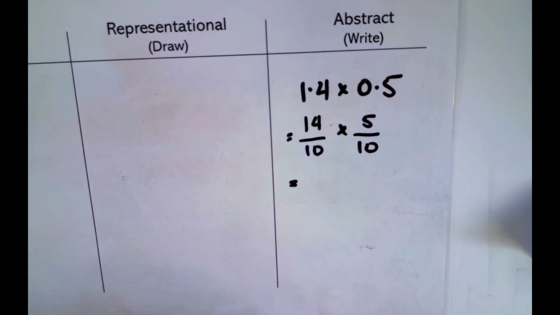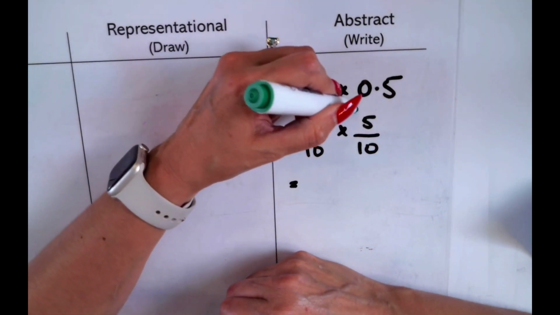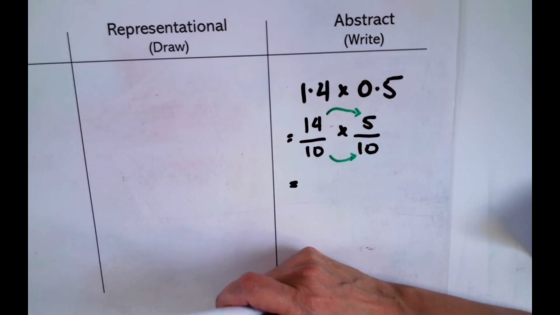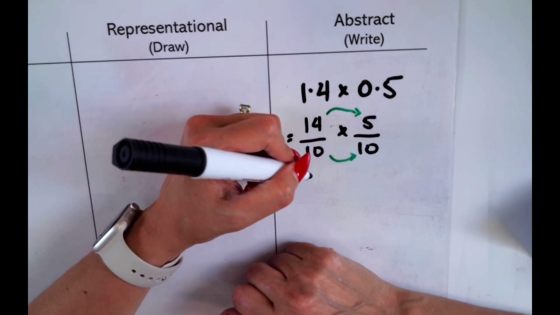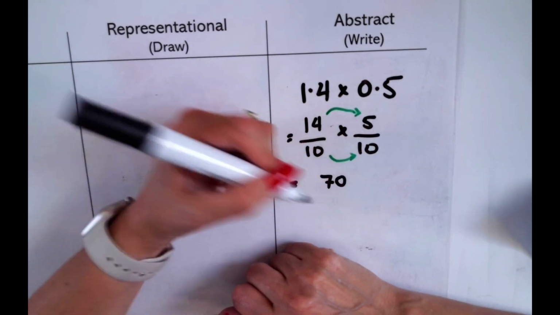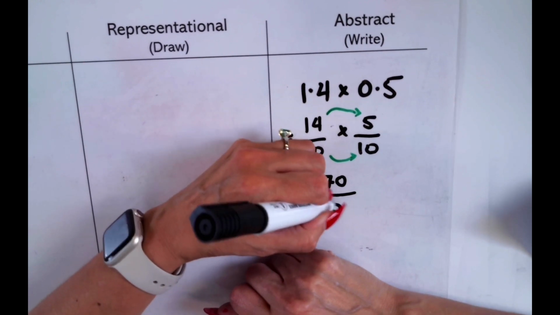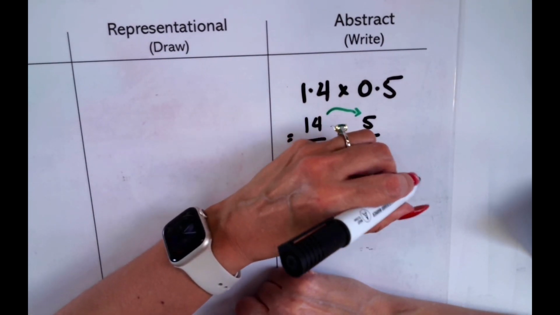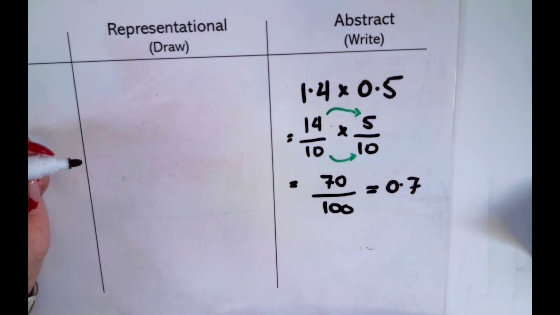So what this would be is 14 times 5 and then 10 times 10. 14 times 5 is 70 and 10 times 10 is 100. So 70 hundredths is 0.7.